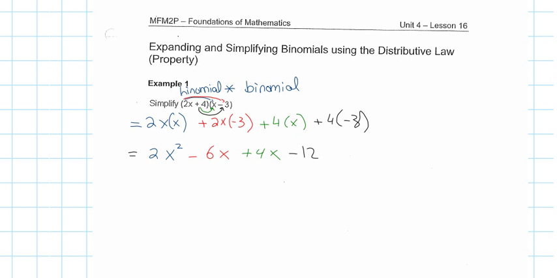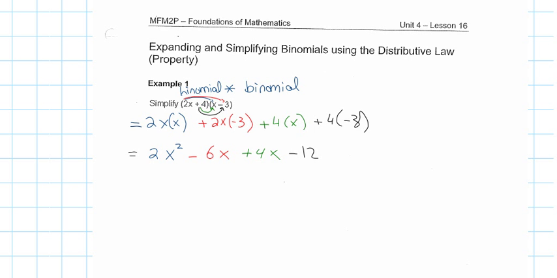Now, is there any like terms? Yeah. Do you guys agree that the negative 6x and the positive 4x are like terms? Why are they like terms? Same letter, same exponent. Right?